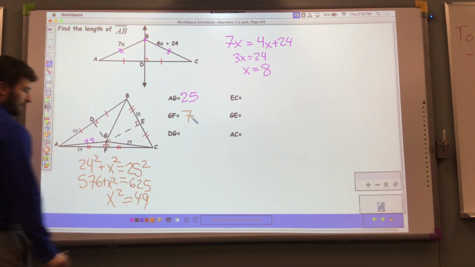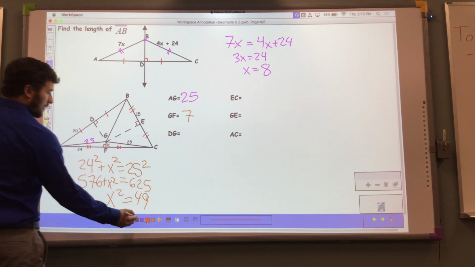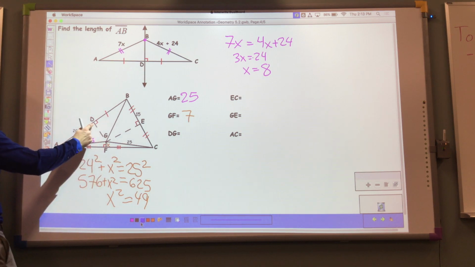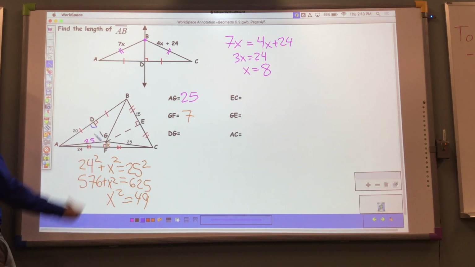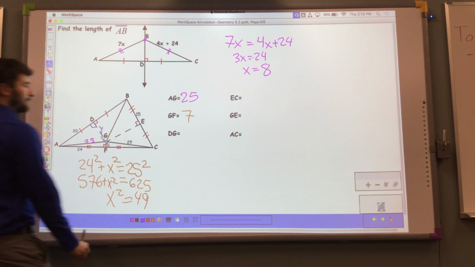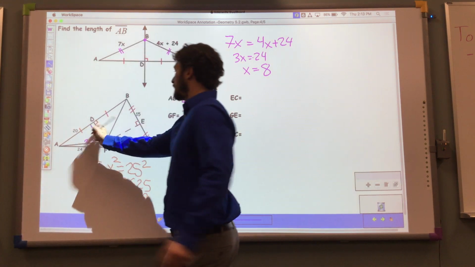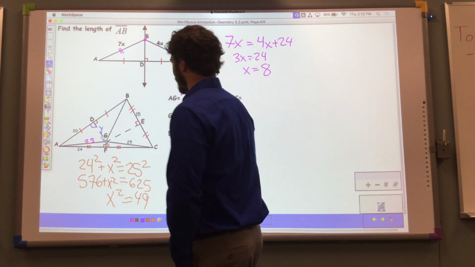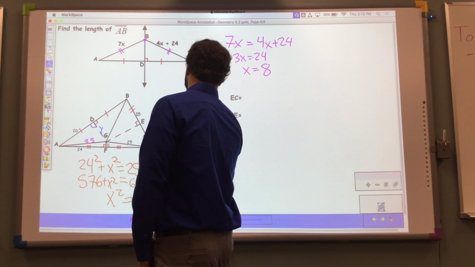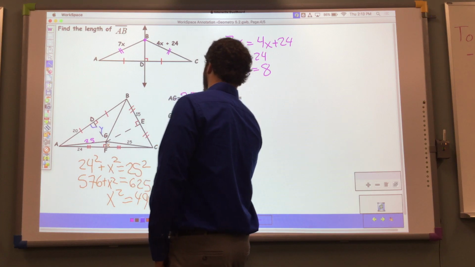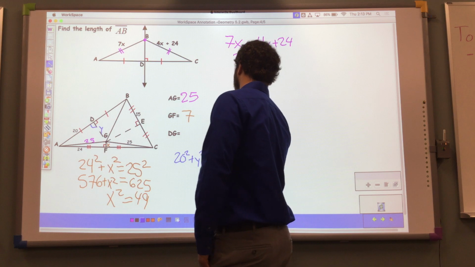Then we look at DG. Well, we also get a right angle here. So it's another Pythagorean theorem. We'll call it y this time. A squared plus b squared equals the hypotenuse squared, which again is 25. So 20 squared plus y squared equals 25 squared.